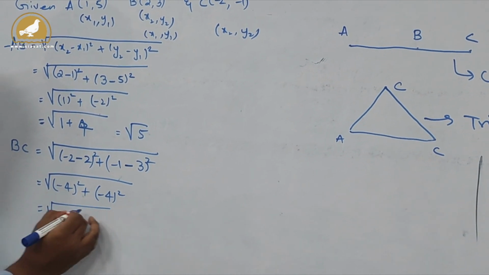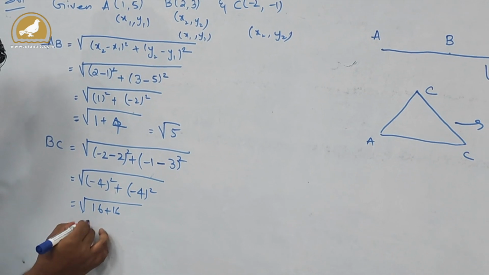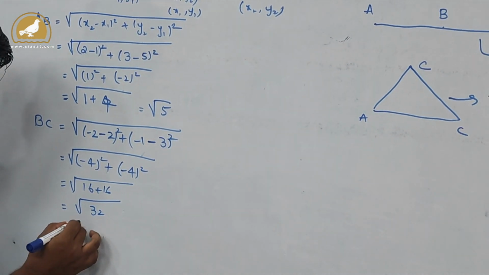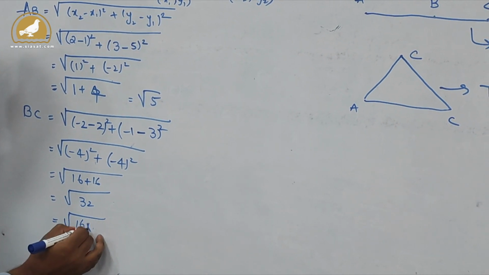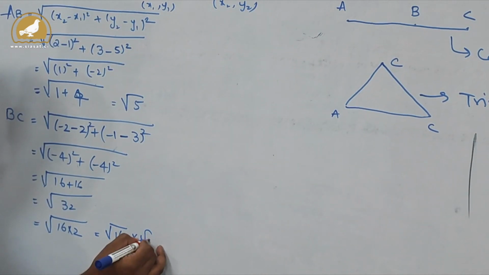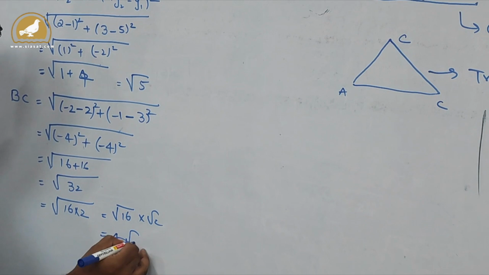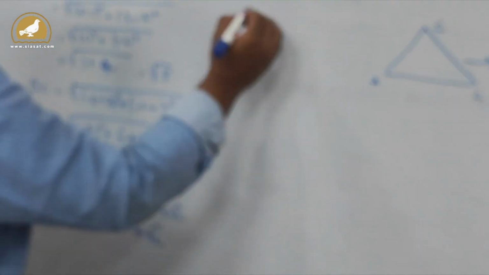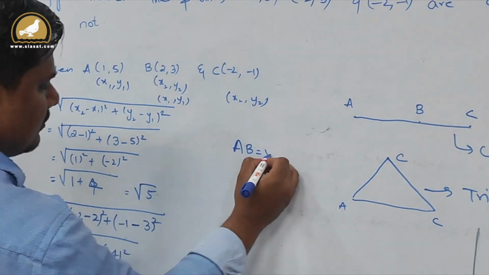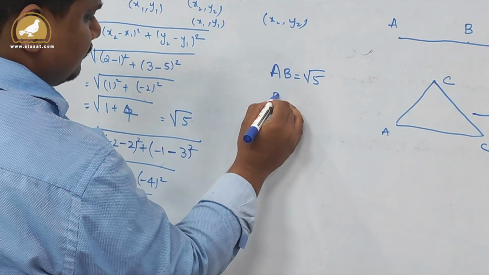This is 16 plus 16, which becomes 32. 32 can be written as 16 into 2, so root 16 into root 2, which is 4 root 2. So we got AB as root 5 and BC as 4 root 2.